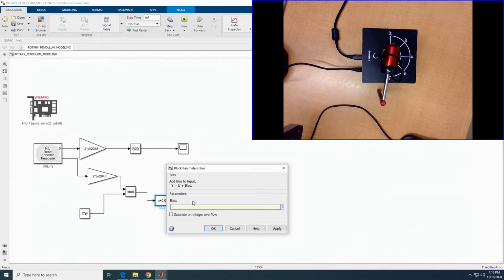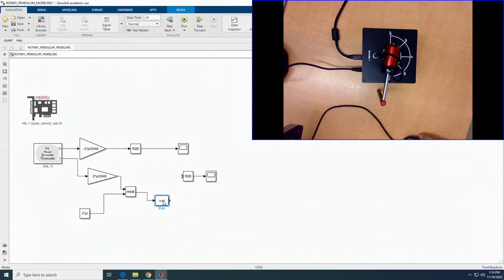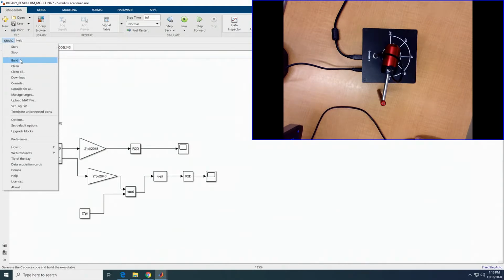Here we want a value of negative pi. And then I'm going to connect the bias block to the radians to degrees block. I'm going to run the model again, first building it.